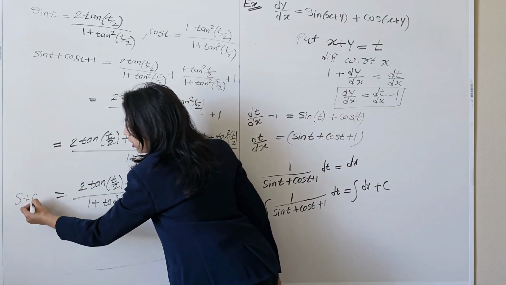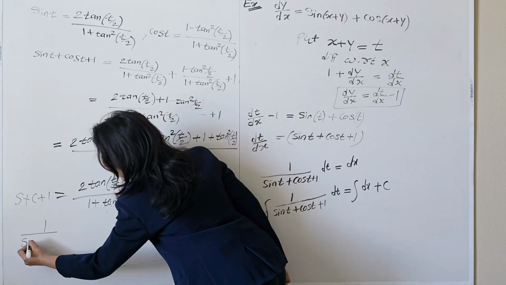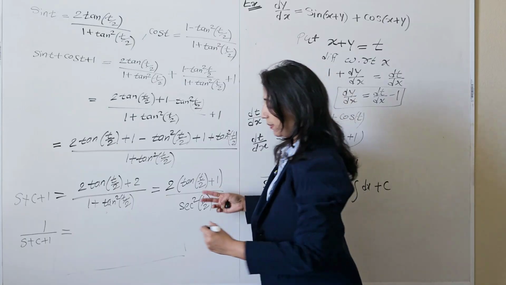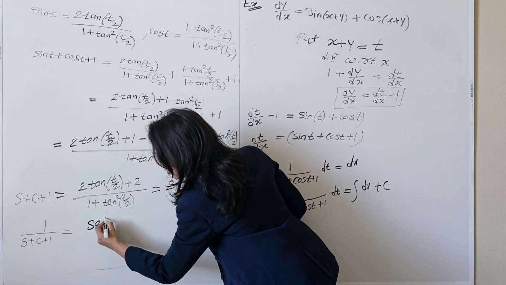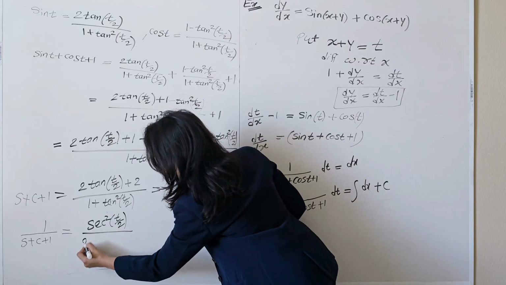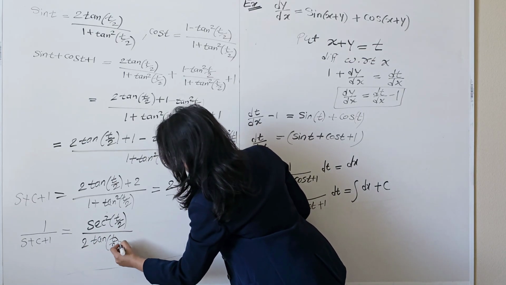Taking the reciprocal of this term on both sides, it becomes sec²(t/2) divided by 2 times tan(t/2) plus 1.